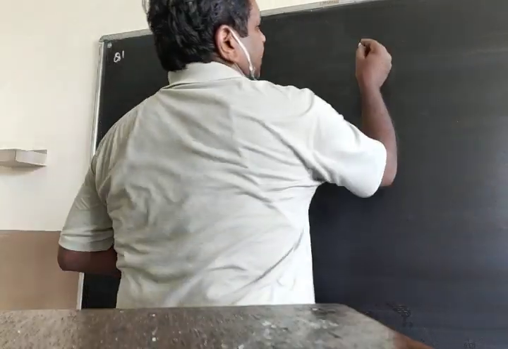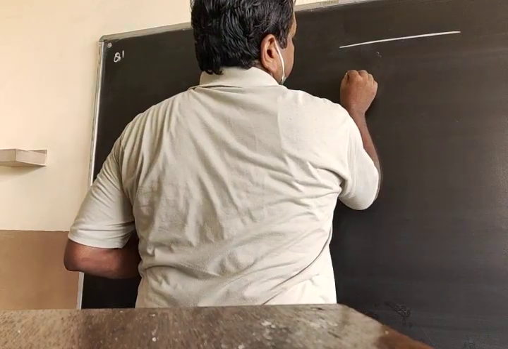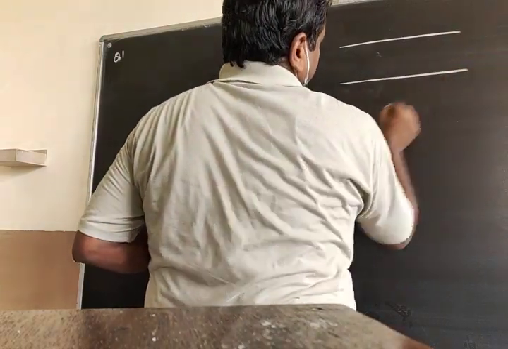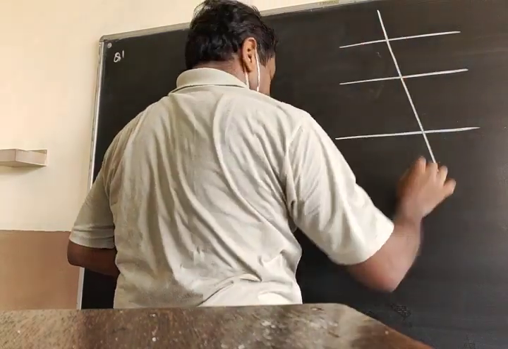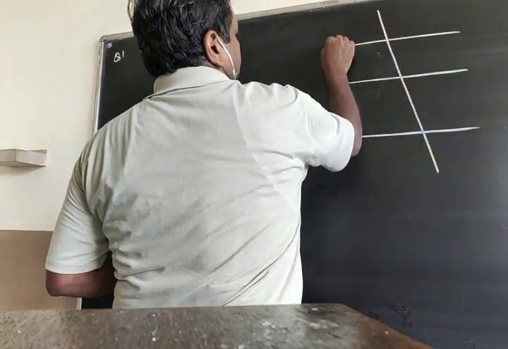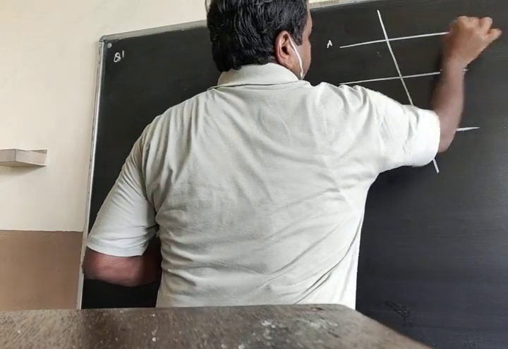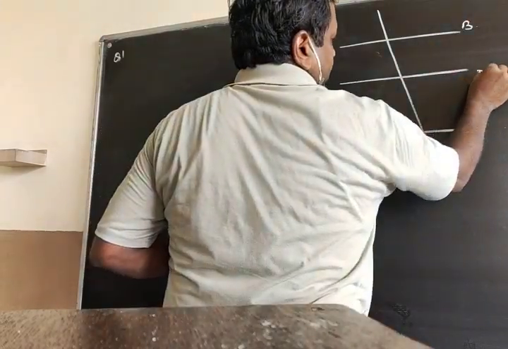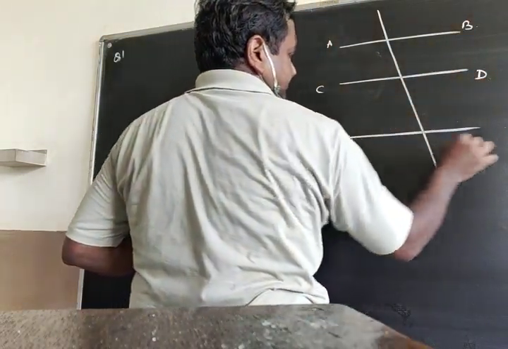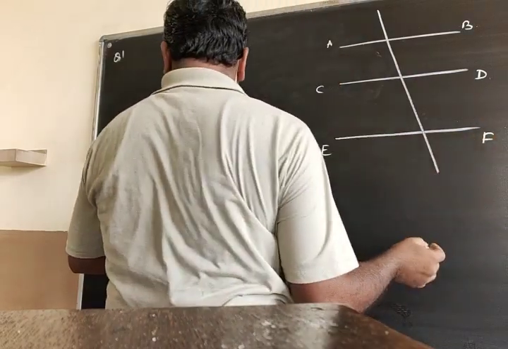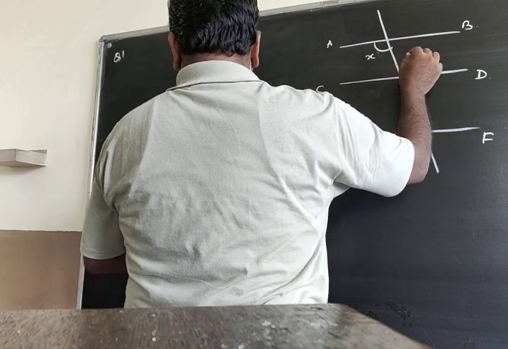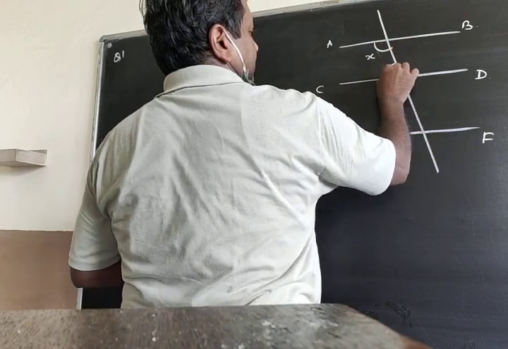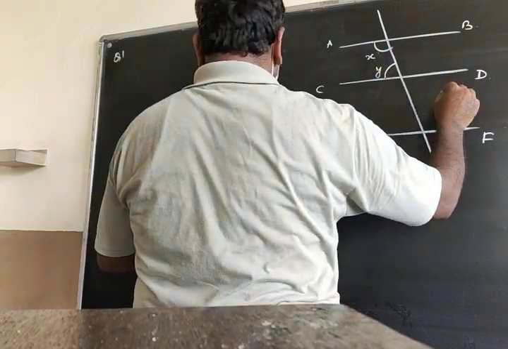So three lines are given, 1, 2 and 3, and one transversal. This is line AB, this is line CD, this is line EF. Here it is given x, here y, here z.